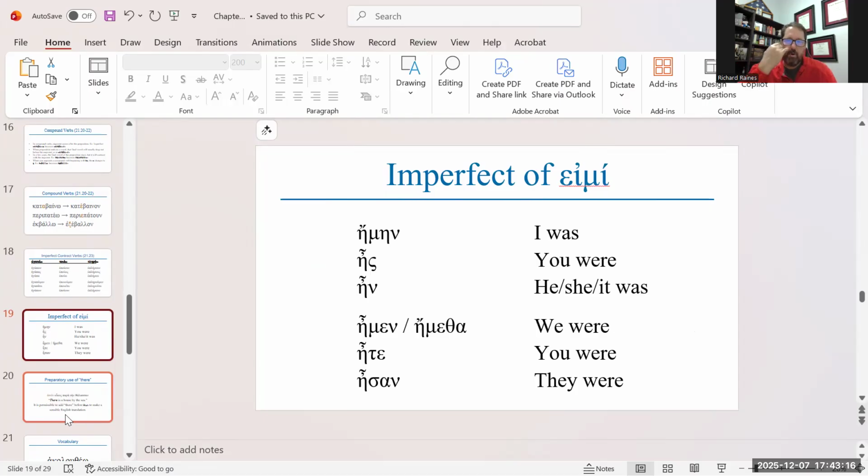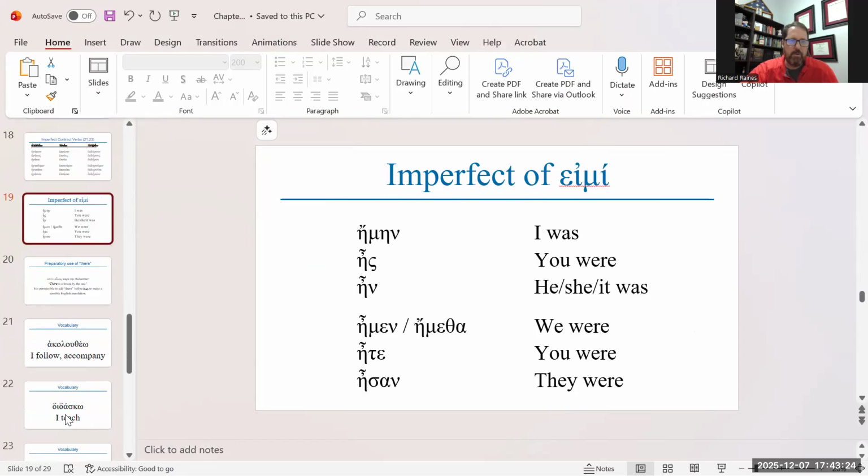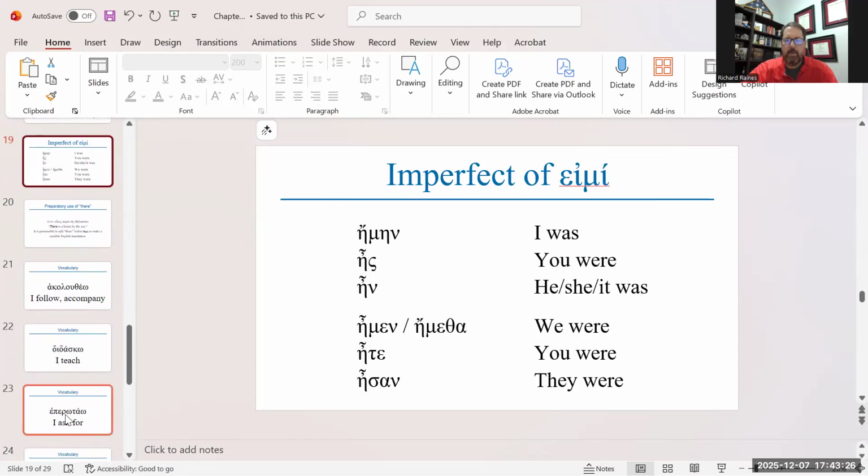I was, you were, he, she, it was, we were, you were, they were. It shouldn't be too difficult because it looks similar to other forms. You can see it's that lengthened eta, that long sound. That'll be a clue for what you're dealing with.